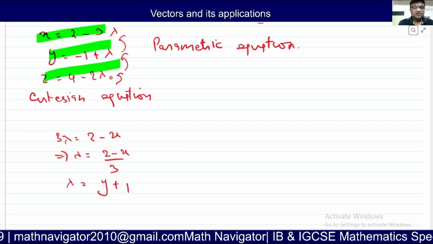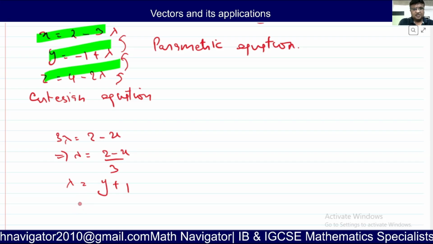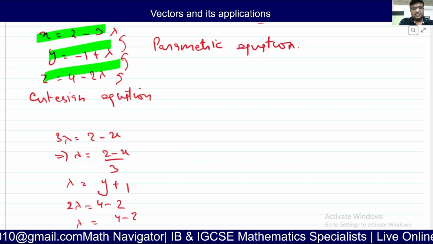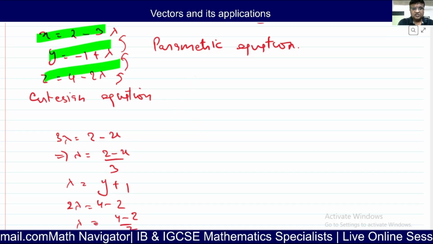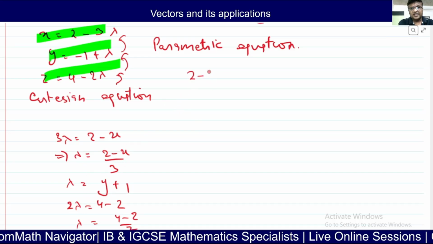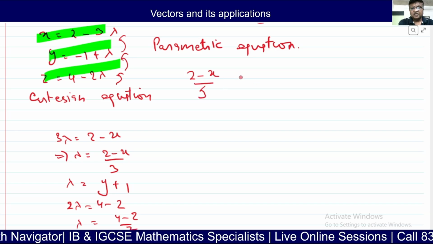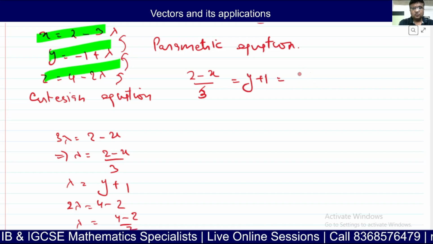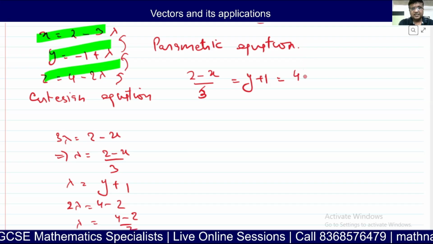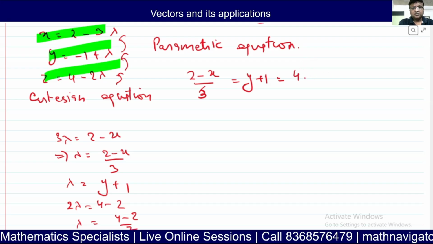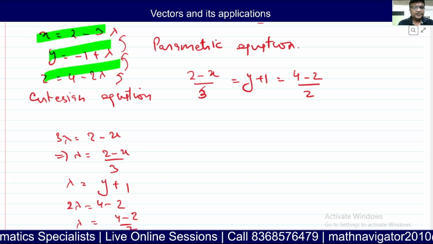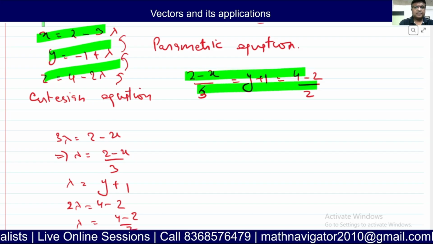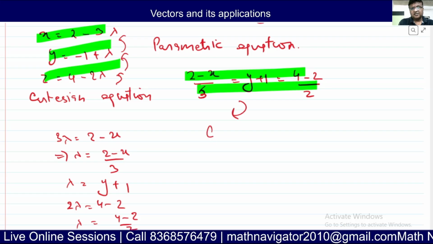And in the third, 2 lambda is equal to 4 minus z, so lambda is equal to (4 minus z) over 2. Since the left hand sides are all lambda, (2 minus x)/3 is equal to y plus 1, which is equal to (4 minus z)/2. This is called the Cartesian equation.